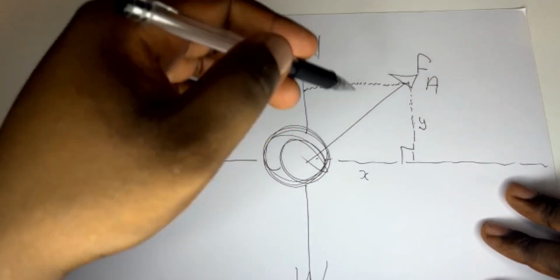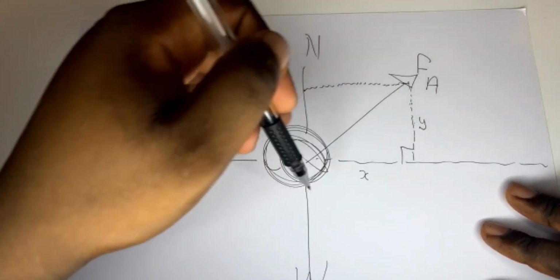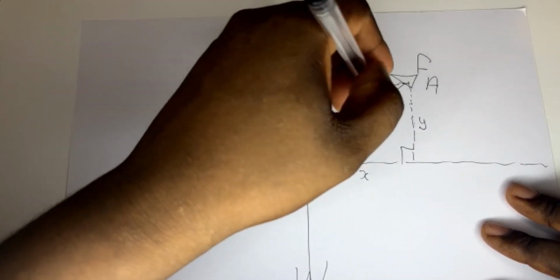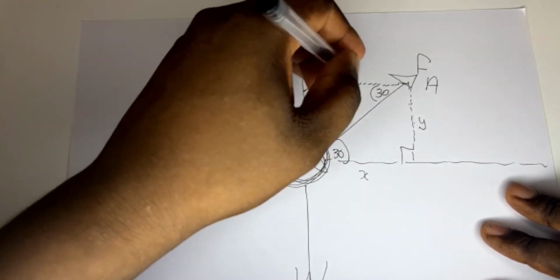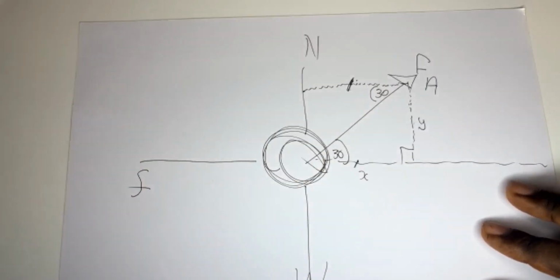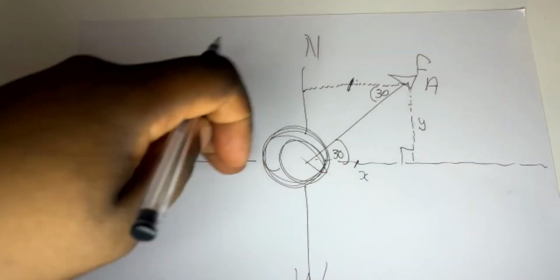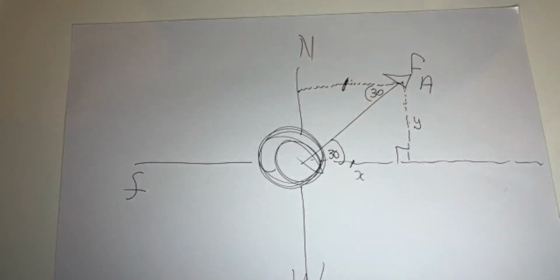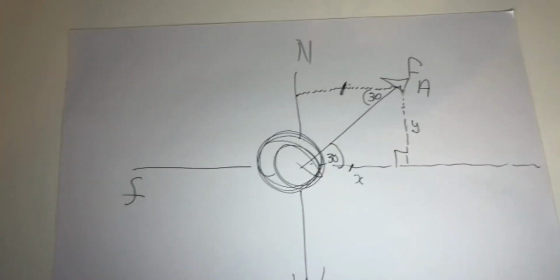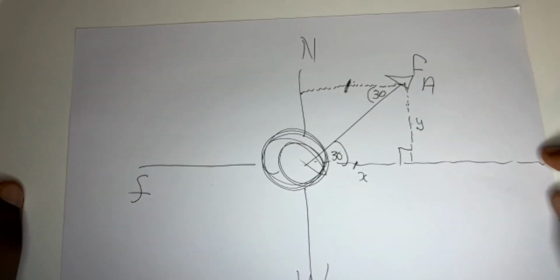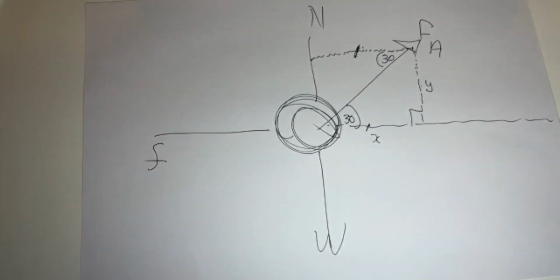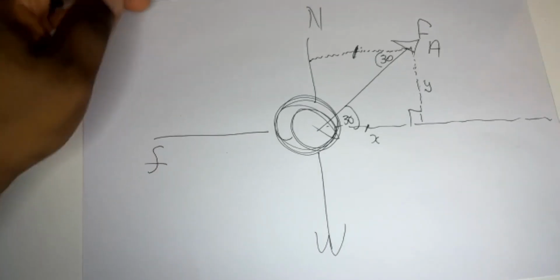You can still see the triangle, so if the angle here is 30, the same angle here will be 30, because this line is parallel to this one, the horizontal plane, and the force is also parallel to the horizontal plane. That's why we call it F parallel in most cases. You'll get to understand where we talk about Fy and Fx maybe in the next topic, but we mostly introduce them along the way, because there is no specific part where we do that.